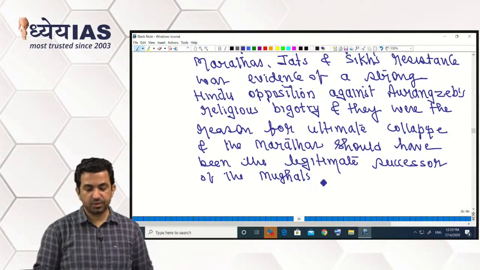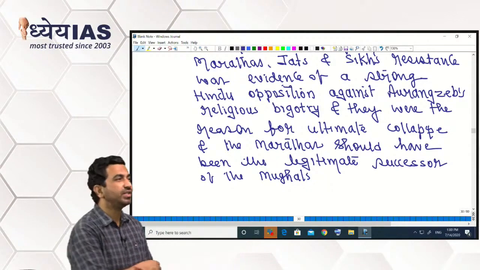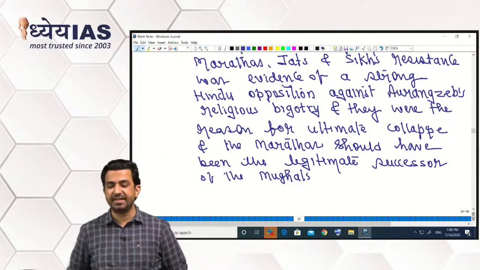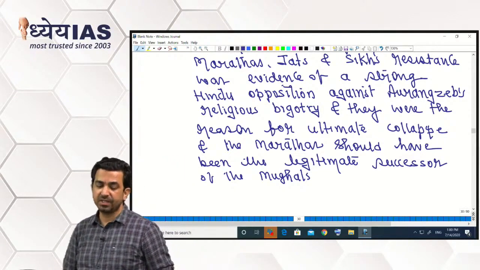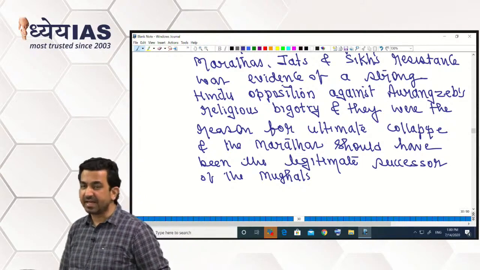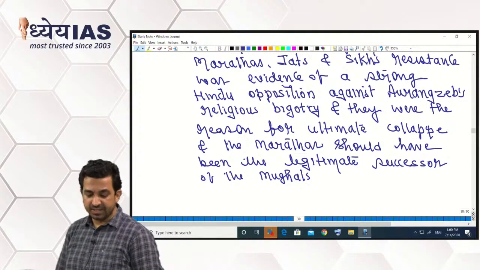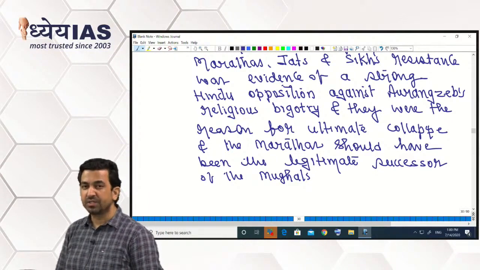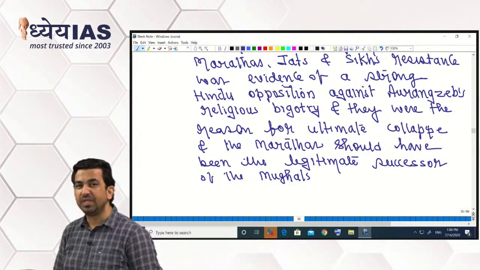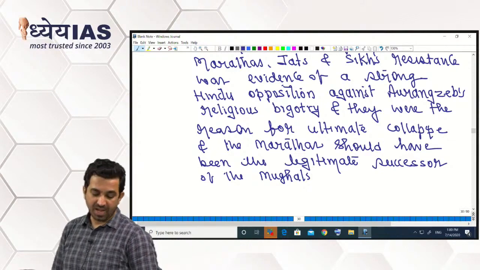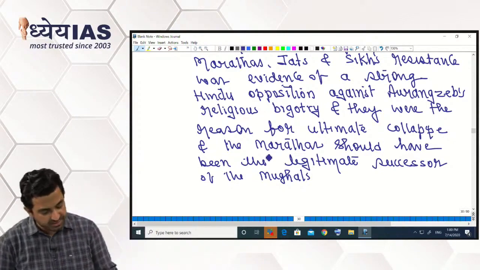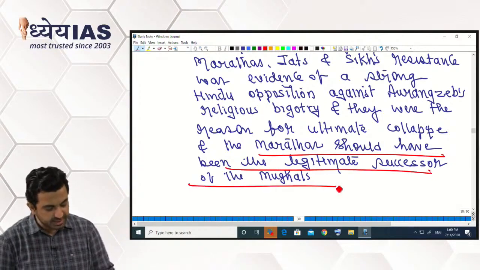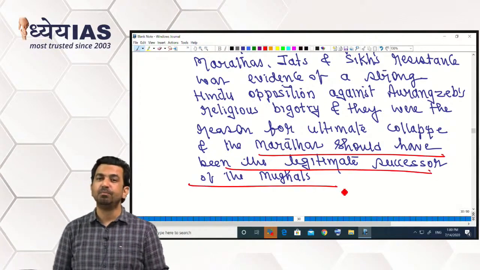Professor J. N. Sarkar and other nationalist historians have stated that Marathas, Jats and Sikhs revolted against the Mughal Emperor Aurangzeb and caused the downfall of the Mughal Empire, and that Marathas should have been the legitimate successors of the Mughals.